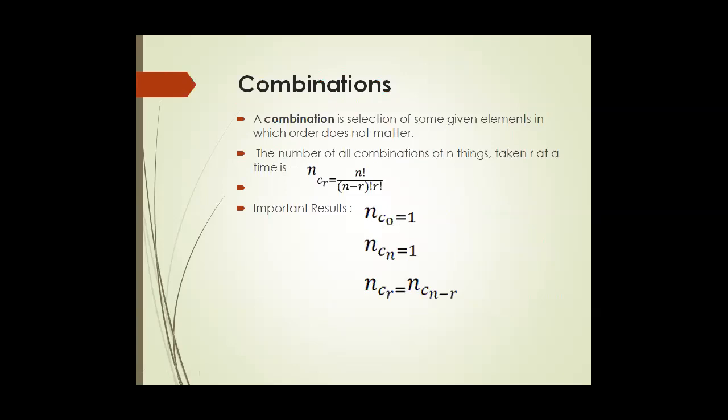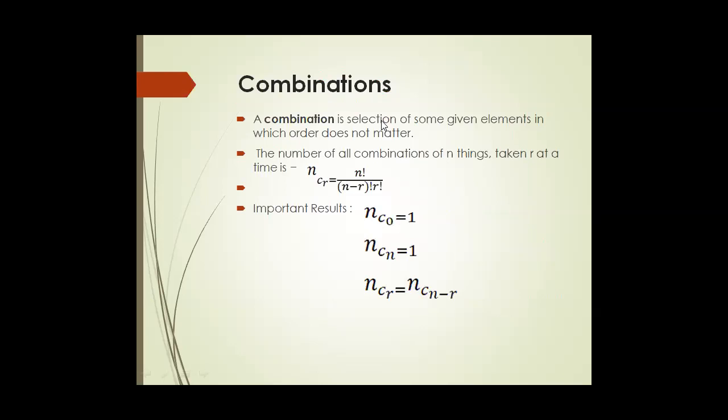In the intermediate level you already know what combinations and permutations are, but let us recollect the basic concepts. A combination is a selection of some given elements in which order does not matter.